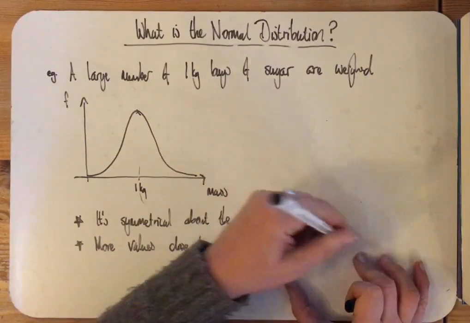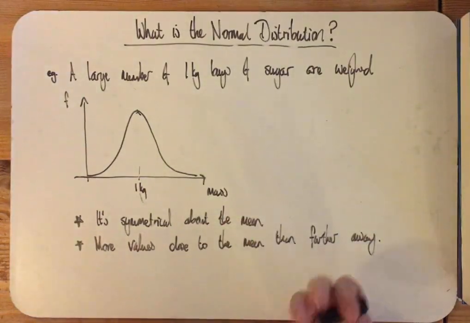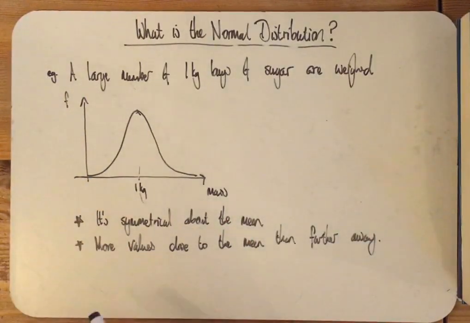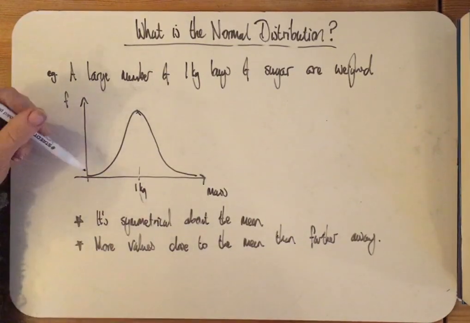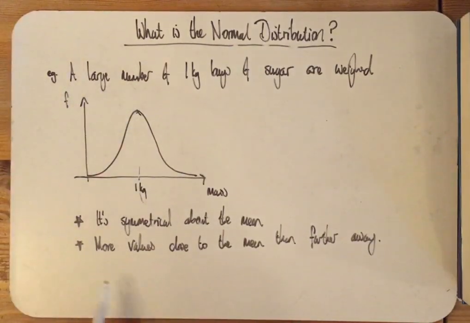So last year we looked at the binomial distribution, where you have success and failure, and we looked at the graph shapes of that, and we did some hypothesis testing. We're sort of mimicking that, but with the normal distribution. So this one is always symmetrical, unlike the binomial, centered at the mean, and it has more values close to the mean than further away. And if that is true, then you can model data with a normal distribution.